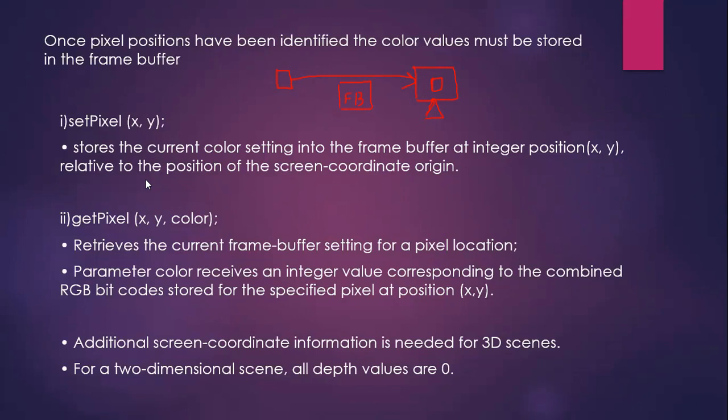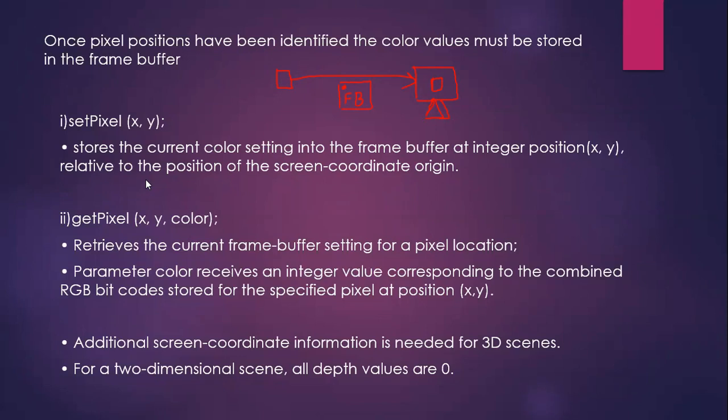Before projecting the particular object on the screen, the pixel positions will be stored in the frame buffer. So once you identify the pixel positions in the frame buffer, its color values will also be set, and stored in the frame buffer.